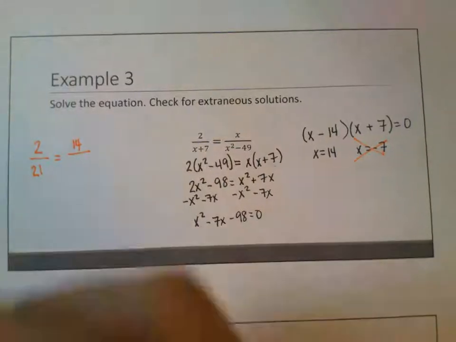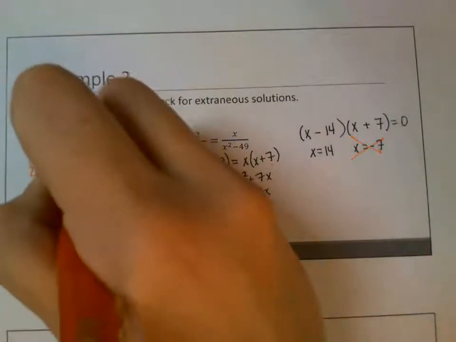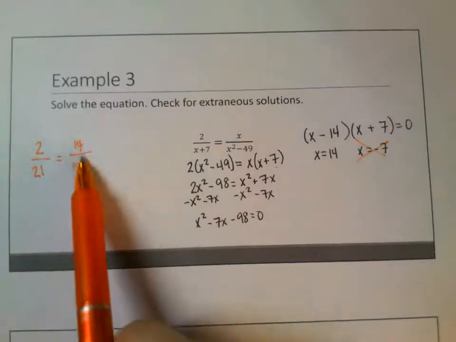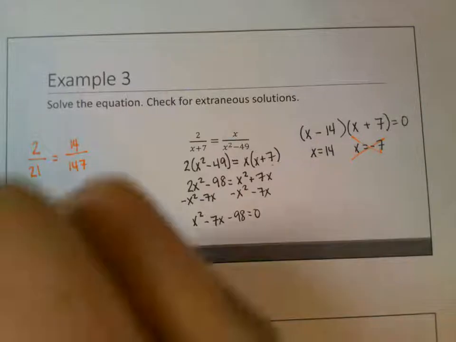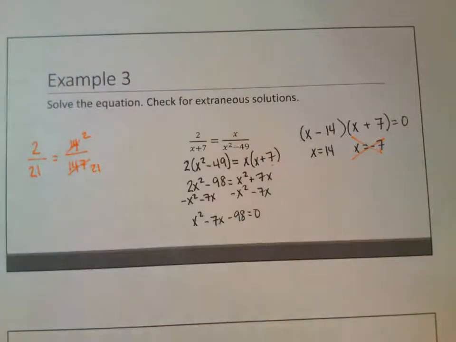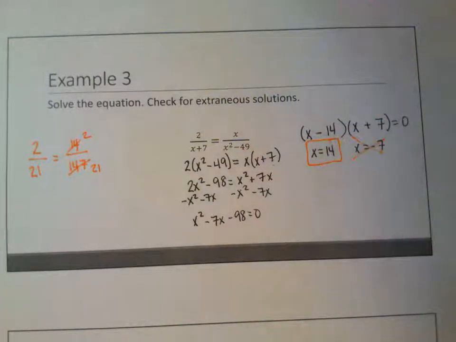Oh, sorry, 196. I was doubting my math, and I was right to doubt it. And then minus 49 would give me 147. Now, if I were to simplify that, right now it looks like we have another extraneous solution, but I can actually simplify this. I can divide both of those by 7, and that would actually give me a 2 and a 21. So I do get the same thing. So that means x equals 14 is the only solution.